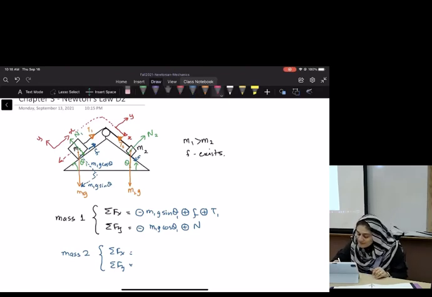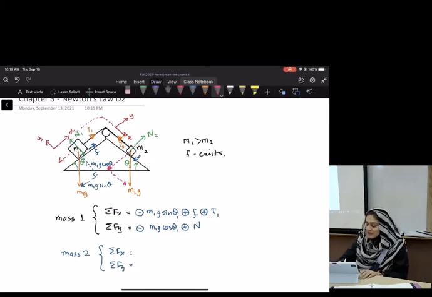And the same exact repetition for your M2. In this case, my M2G will be, you see where these arrows are pointing? Does everybody understand why these arrows point the way they do? Yes, head to tail rule from vector addition. Okay, so for Fx for mass 2, what will we get? M2G sine of theta 2, and we will get friction, and we will get tension 2.